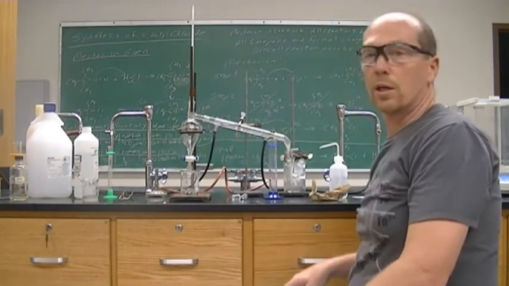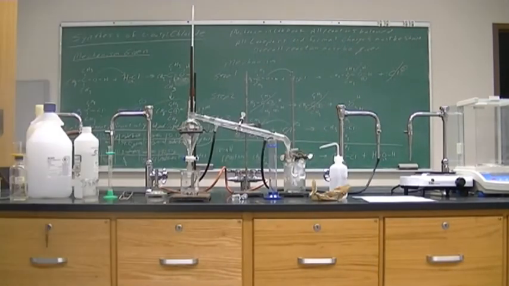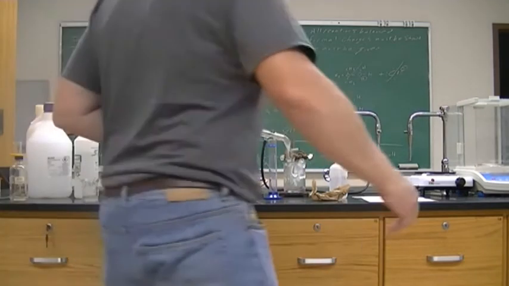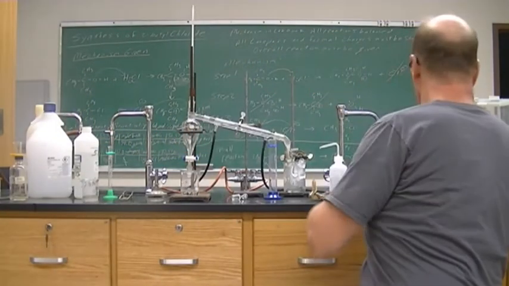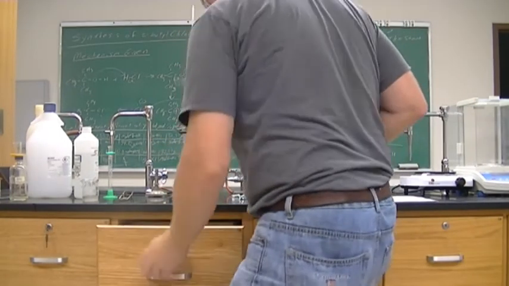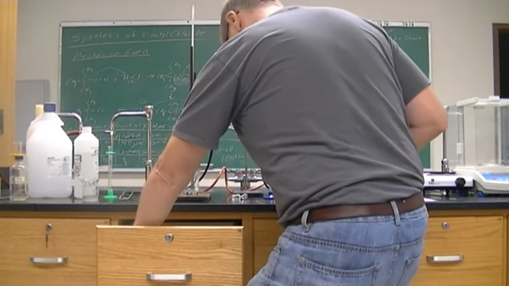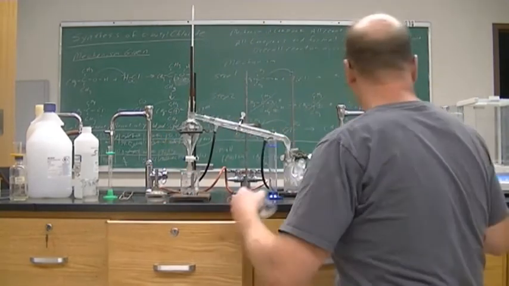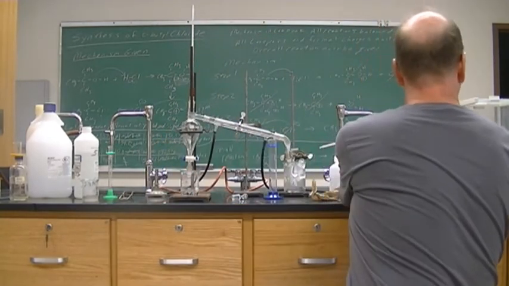Right. And so now we got to get a drying agent, and we're going to use calcium chloride. All right, so I stored my calcium chloride in a desiccator to make sure that it stayed dry and not reacting with the air.